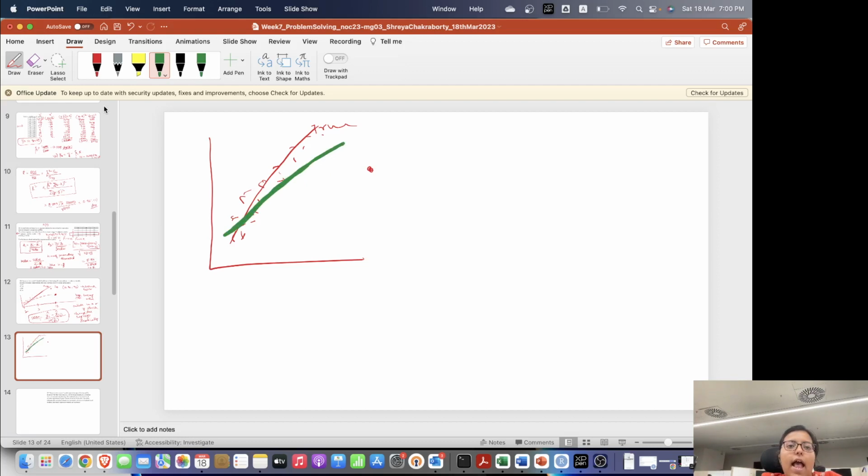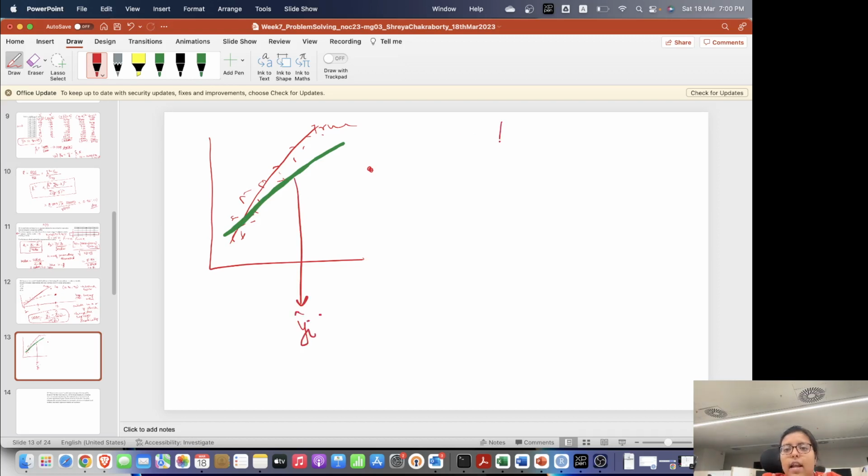Okay, and if I remove this one, so whatever I am getting from this line is my yi hat. From the green one, whatever we are getting, this is yi hat.